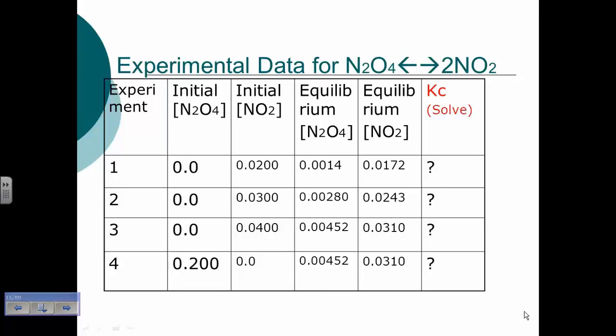I want you to take a moment with your calculator and solve for Kc for each of these 4 trials. The value of NO2 squared at equilibrium, set over the value of N2O4 to the first power at equilibrium.